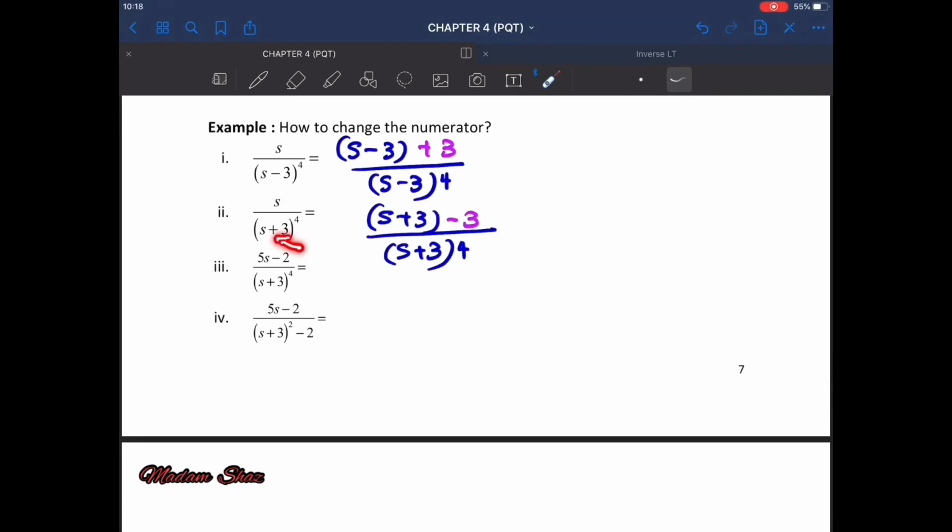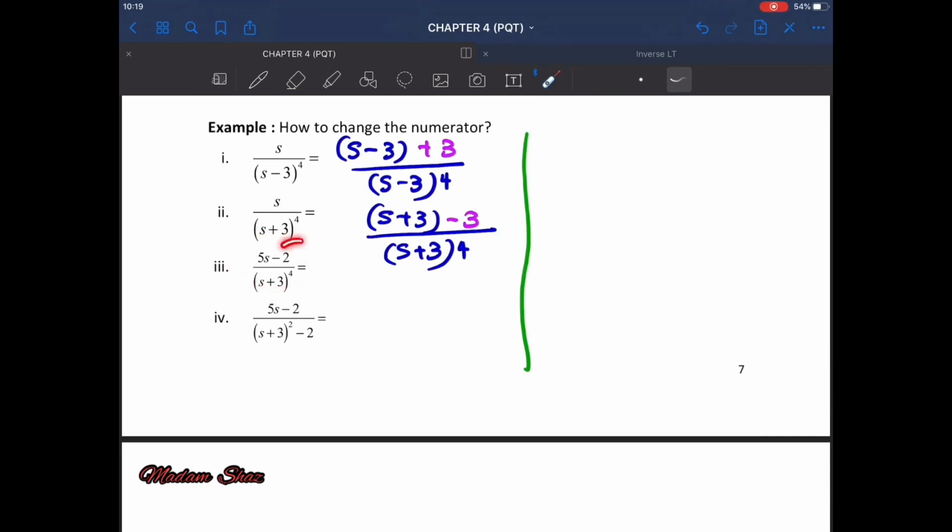So if we have s plus at the bottom side, the upper side will become s plus 3 and then we have to minus back 3. In this example, I only show how to change s in order to make it become the same thing as the denominator.